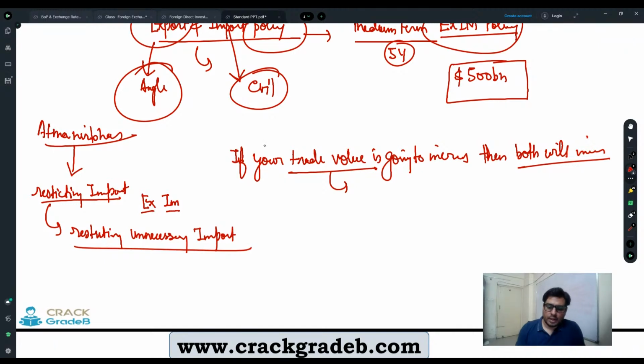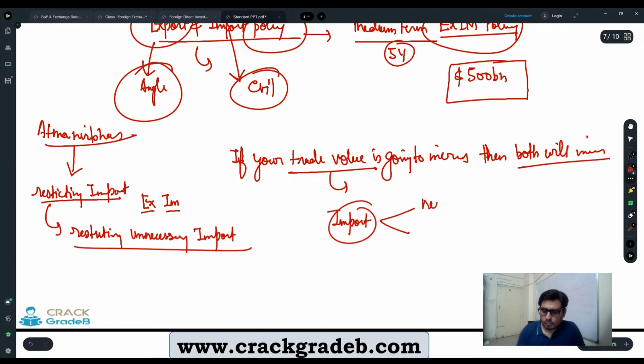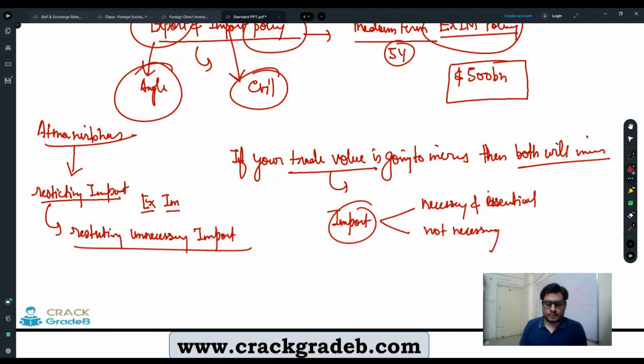So what we are importing right now comprises two kinds of goods: necessary and essential. Not necessary. For example, military hardware.